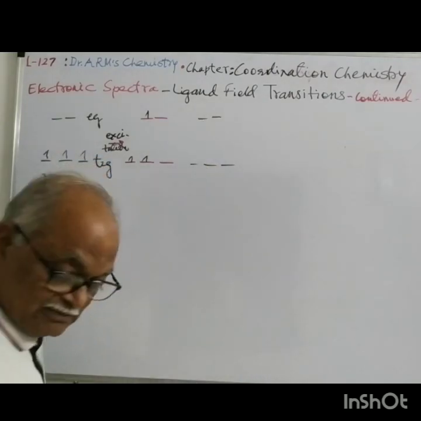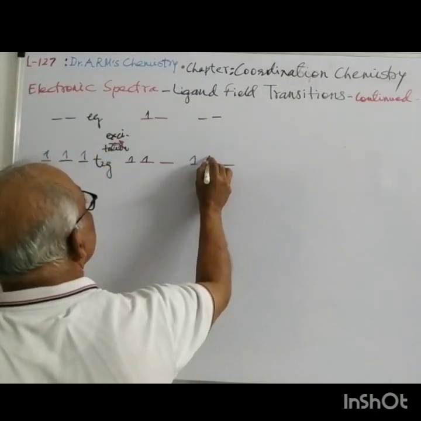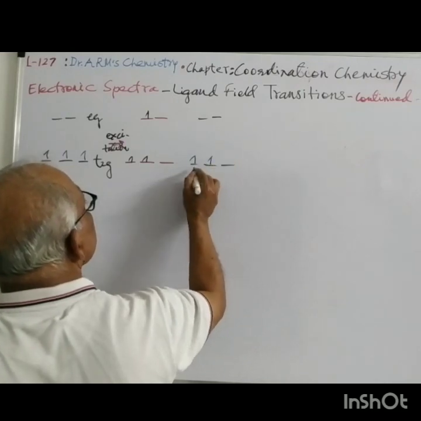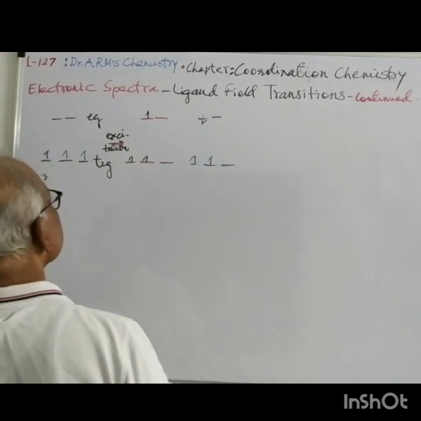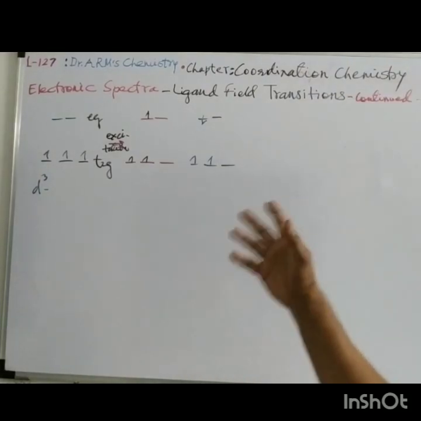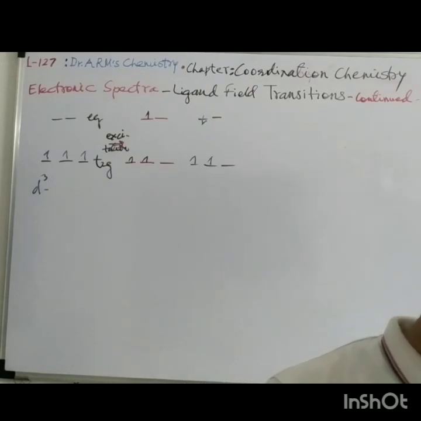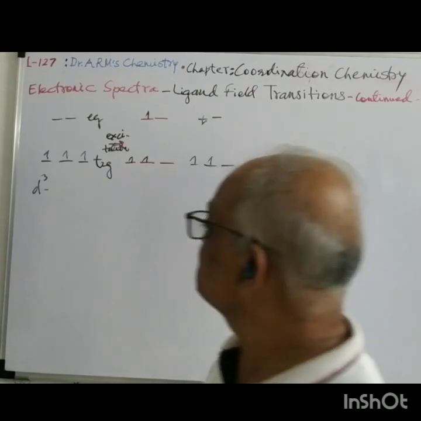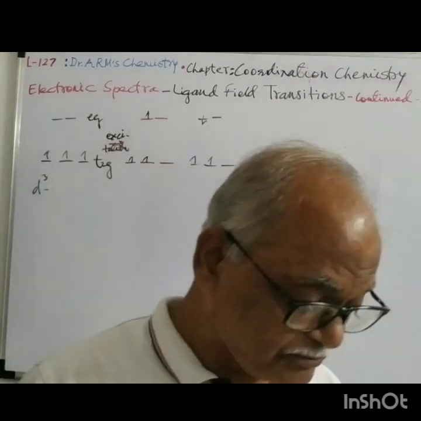Out of these orbitals we can have 2 electrons in t2g and 1 electron with the opposite spin. So there are such types of excitations. Each of these 3 orbitals is called a t2g orbital, that is a triply degenerate orbital, and each of these eg orbitals is called a doubly degenerate orbital.